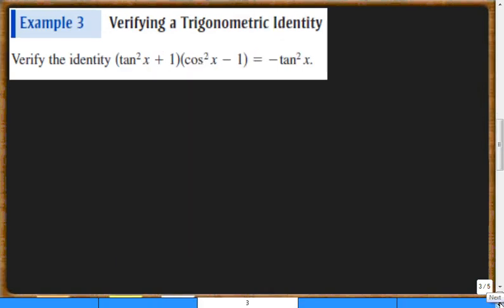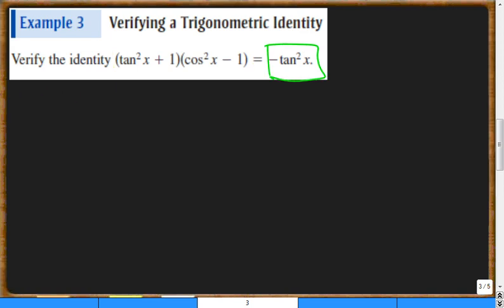If we keep moving on. So we have here, we're trying to show that these two things are the same. So we are going to multiply this part out and try to show that it equals negative tangent squared.